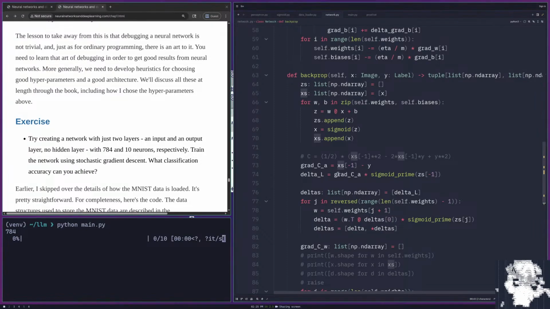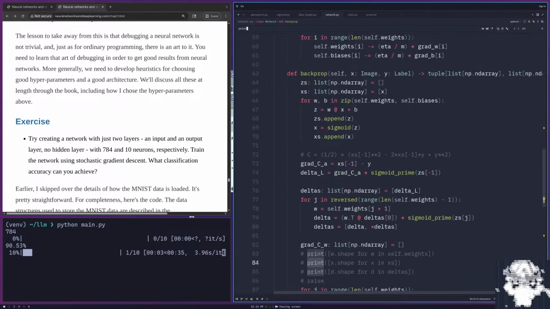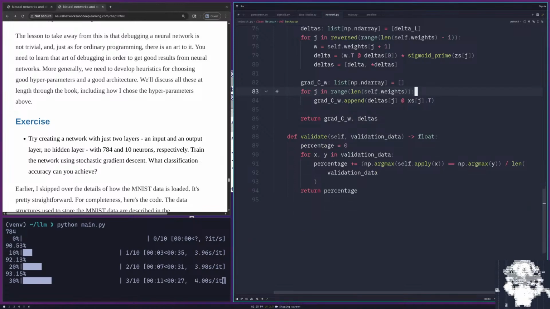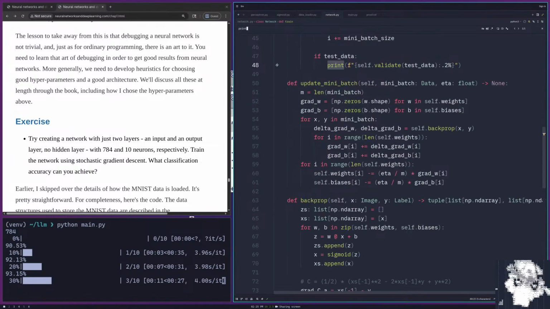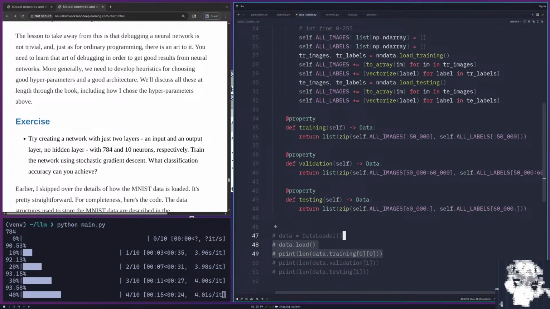And then I really want to figure out where is this stupid print coming from. I don't know why I have not found that yet. Data loader, print. It is in data loader. Okay.